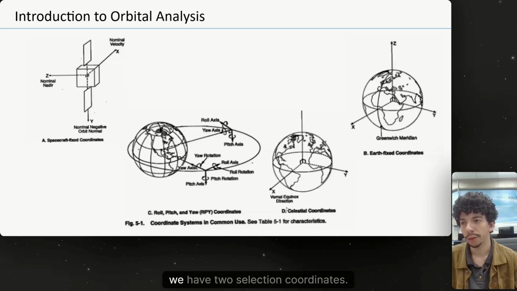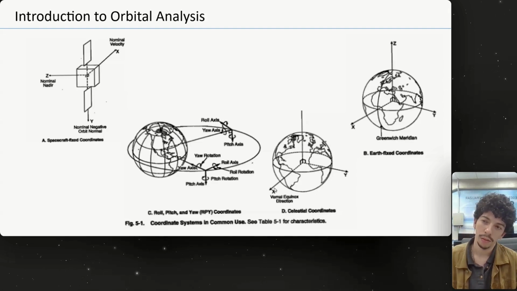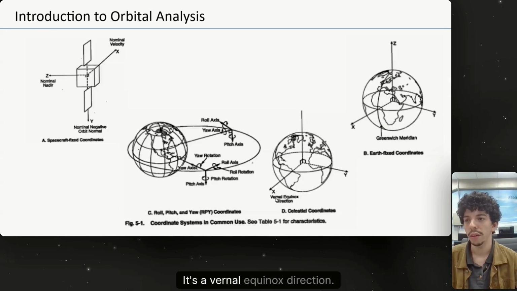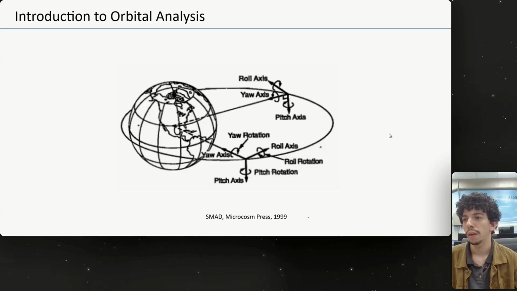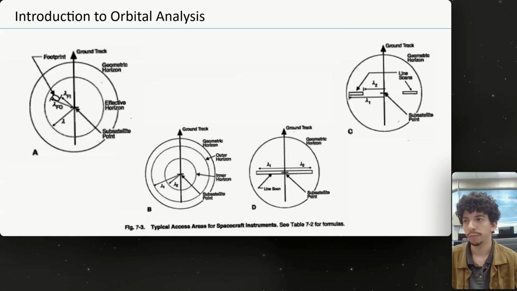And we have celestial coordinates. In this case, the X axis is the vernal equinox direction. Okay.